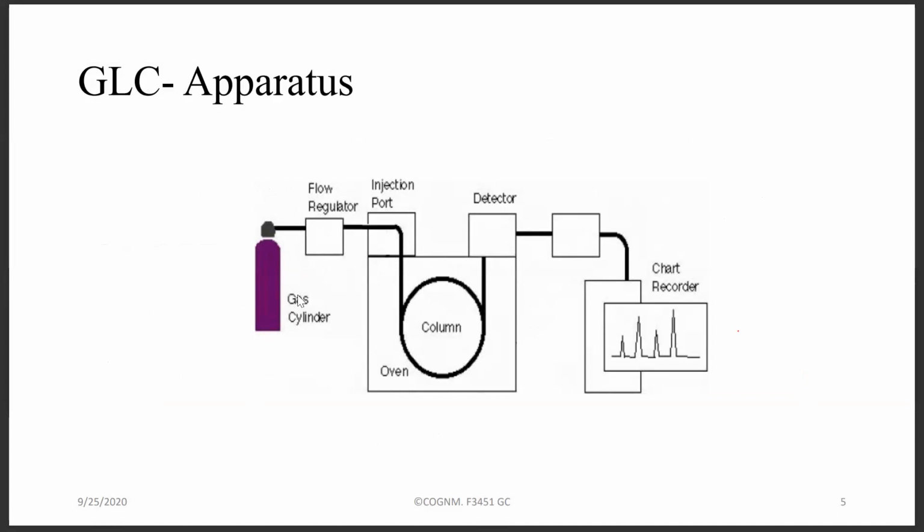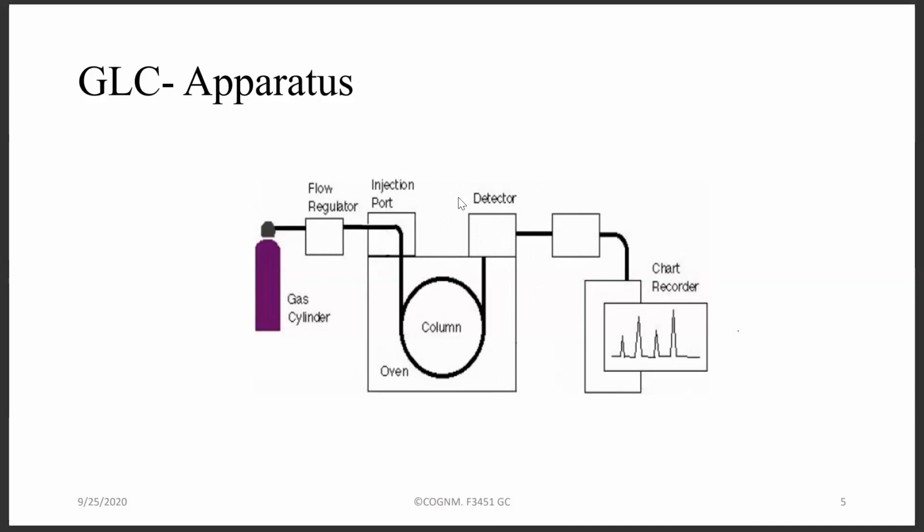And we have the flow regulator, which regulates our mobile phase. Then our injection port, here we put in our analyte, and the analyte is then moving with the mobile phase. And then eventually we have a detector.